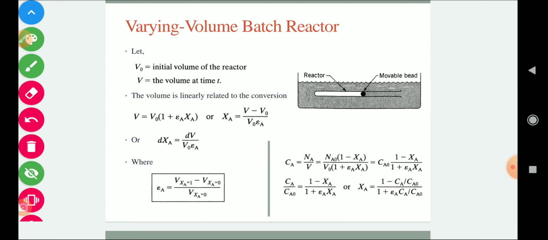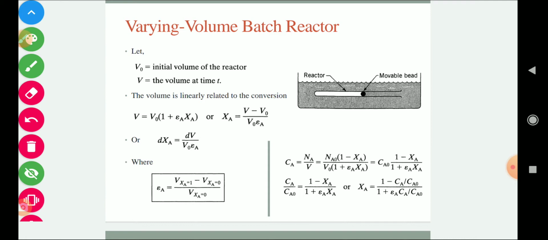Now we have discussed all these examples for a constant volume batch reactor. On the other hand, if we have a varying volume batch reactor, like gas phase reactions in which the number of moles involved in the reactant and the number of moles formed in the product are different, then there is a change in volume or pressure during the reaction.